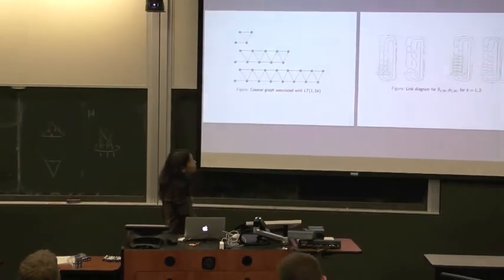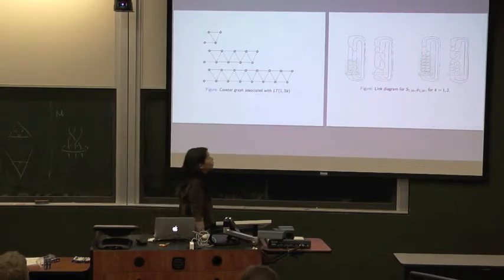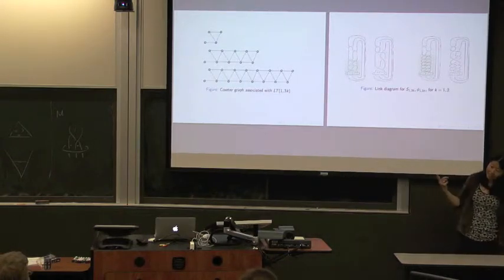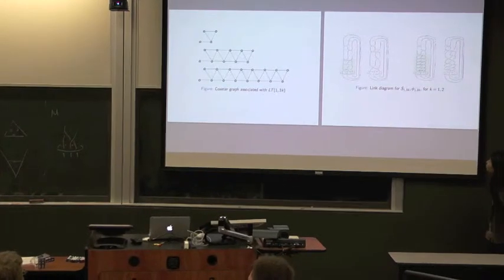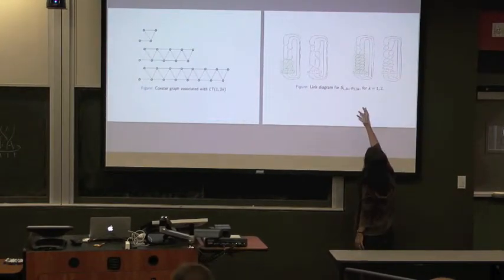And you can kind of convince yourself by looking at the picture. So for example, when g equals 5, that turns out to be the 1,6 example. That's this famous minus 2,3,7 pretzel that gives you Lehmer's number. And it's the smallest genus 5 example with this number.